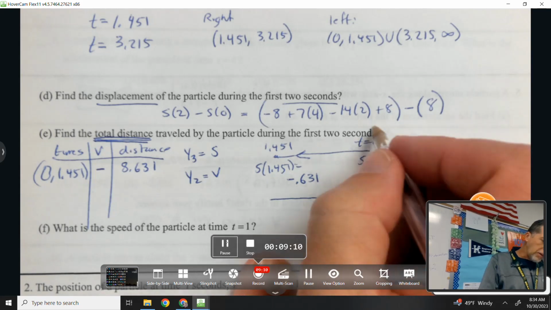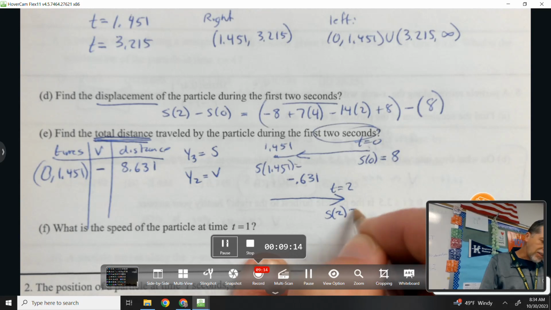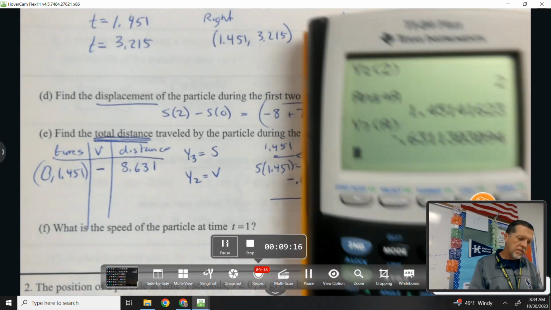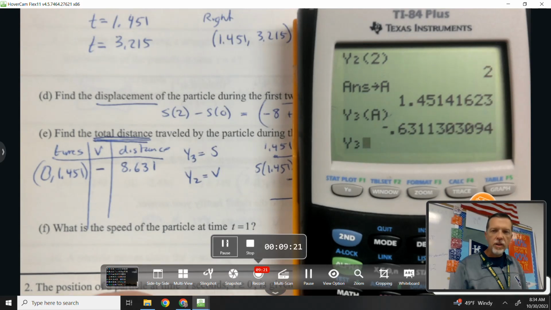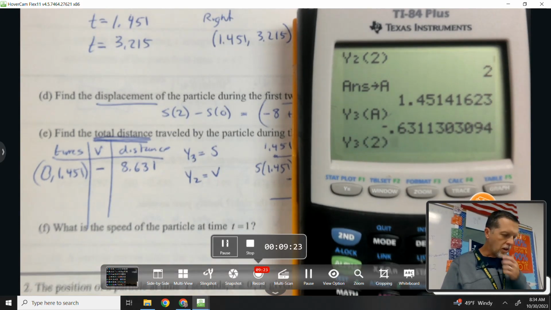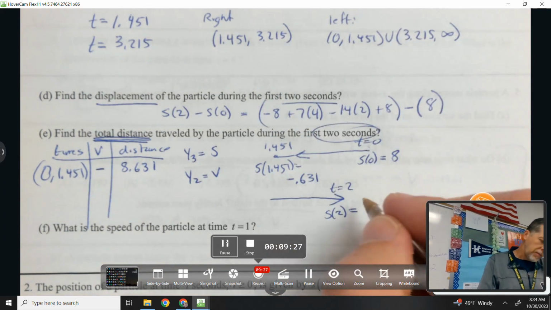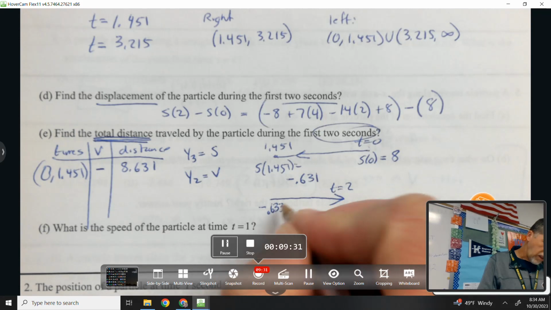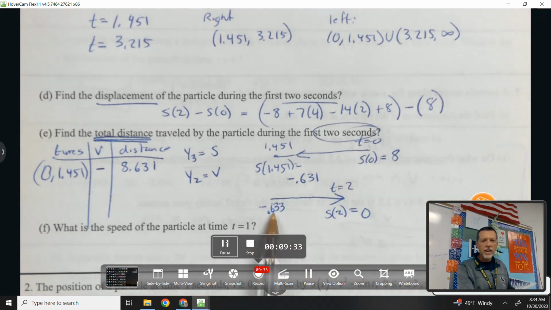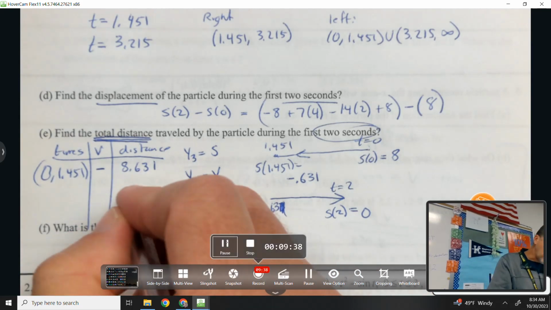And we want to only go to t equals 2. So I need S of 2. Which for me is my y3 of 2. Which is 0. That's nice, I guess. So we went from negative 0.631 to 0. So that distance would be 0.631.